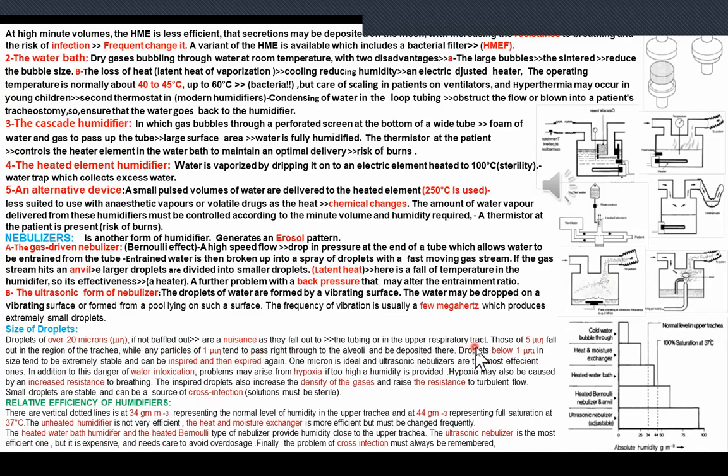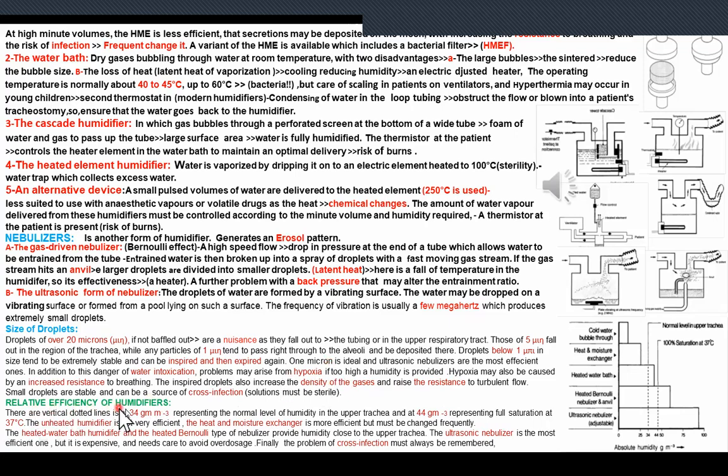So we ought to have sizes ranging from 5 to at least 1 micron for the droplets to move easily through the upper airway. If we have below 1 micrometer, it can go to the alveoli and come out easily. Of course, we must keep in mind that too much humidification can cause hypoxemia, increasing the resistance to respiration. All these are capable of inducing hypoxemia, so we must take care.